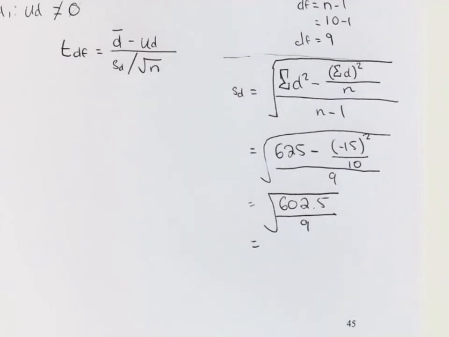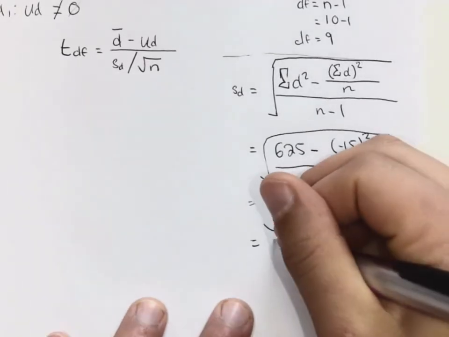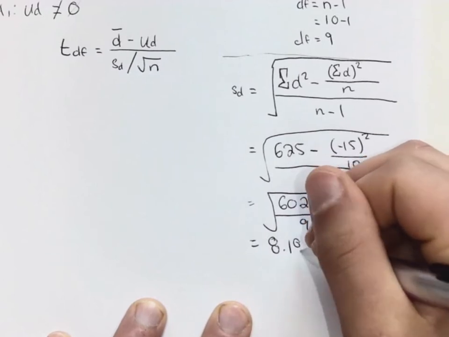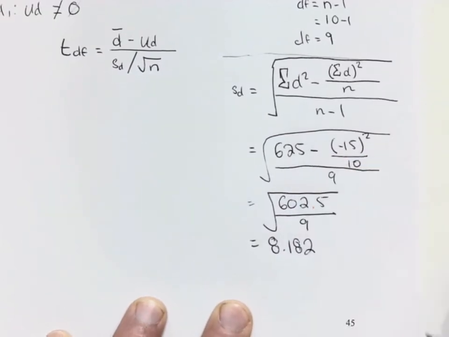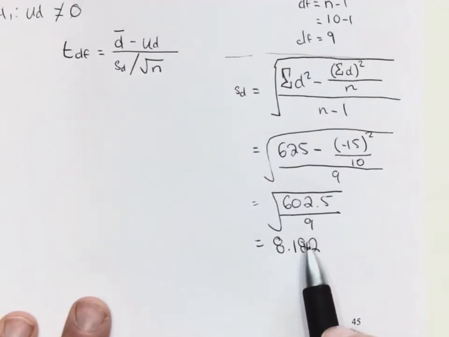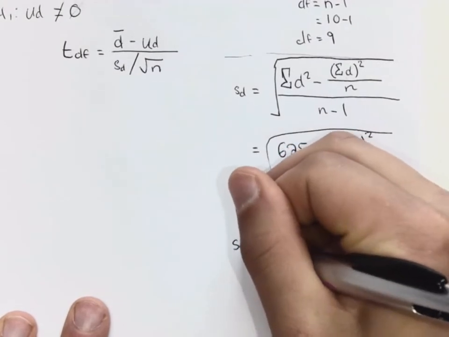That's 66.94. We get 8.182. So we now have our sample standard deviation.